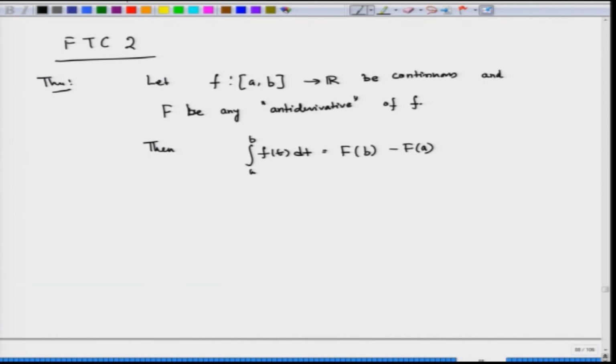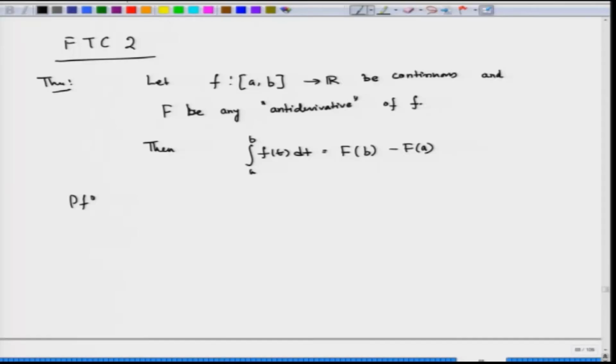So, this is precisely what we had been told in our school days. Now the proof. Let g of x be the integral from a to x of f(t) dt.